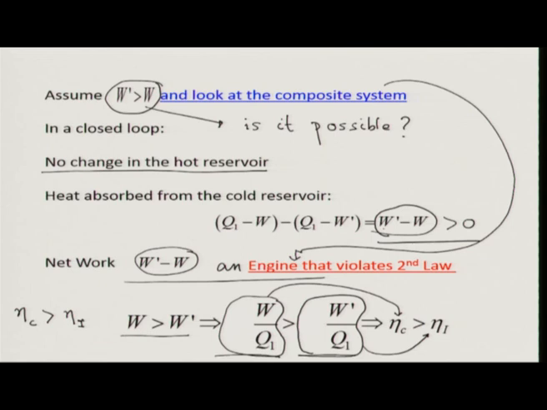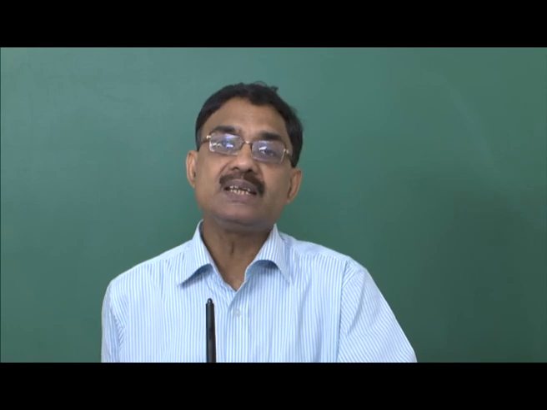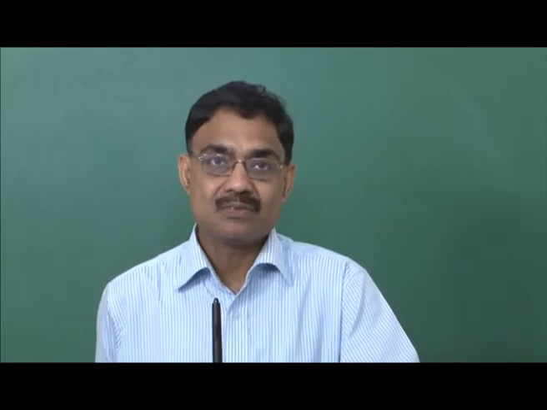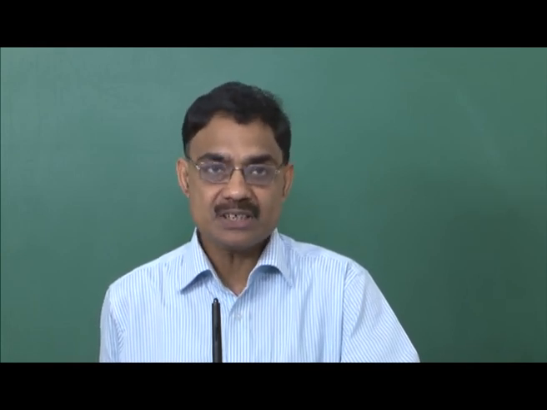What I have discussed, I have told you about the possibility of perpetual machines of two kinds. The first kind is forbidden because it violates energy conservation, that means the first law of thermodynamics. The second one is violated because of the second law.